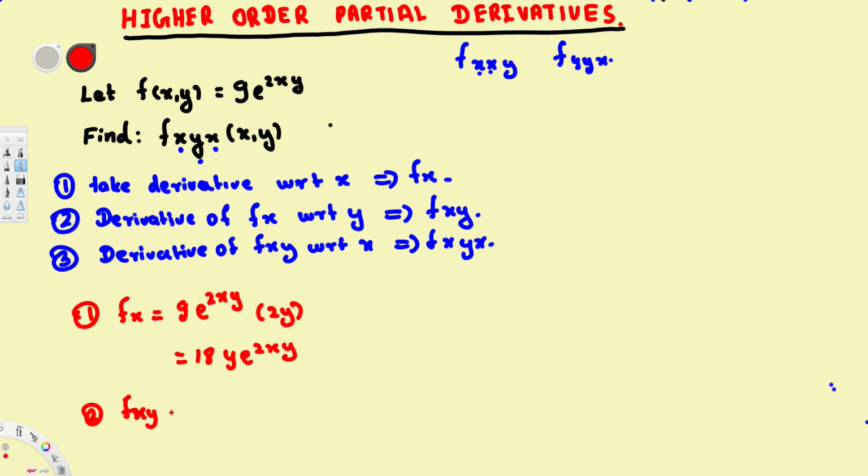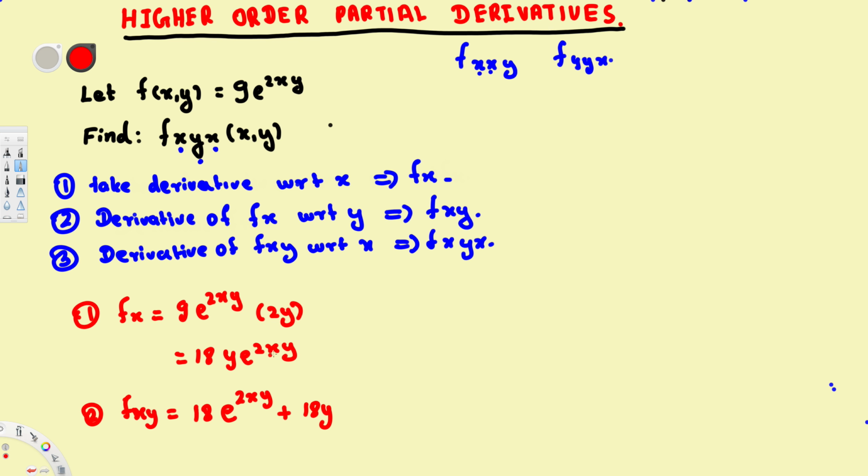Then fxy is going to be the derivative of this one with respect to y. And if I take the derivative of this one with respect to y, this is going to be a product rule because we have two functions that are related to y. So first we take the derivative of the front one and keep the other one as it is. So this is going to be 18 times e power 2xy, and then plus we keep the first one as it is, that's 18y.